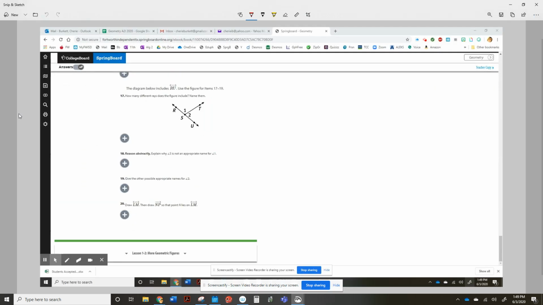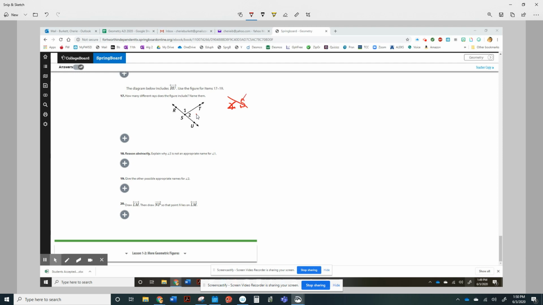But you cannot name either one of those angles. You cannot say angle, and I always put that right there, otherwise it looks like an L, and my handwriting's really sloppy. You cannot call this angle S. And the reason you can't call this angle S is because which one is angle S? Is it this one right here, or is it this one right here?